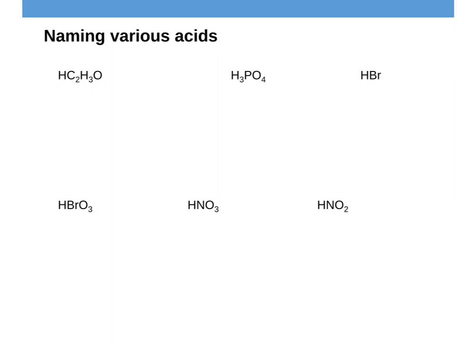I'm just going to name them real quick for you. Since this was hydrogen acetate, this is now acetic acid. Here we had hydrogen phosphate. And so now this is phosphoric acid.